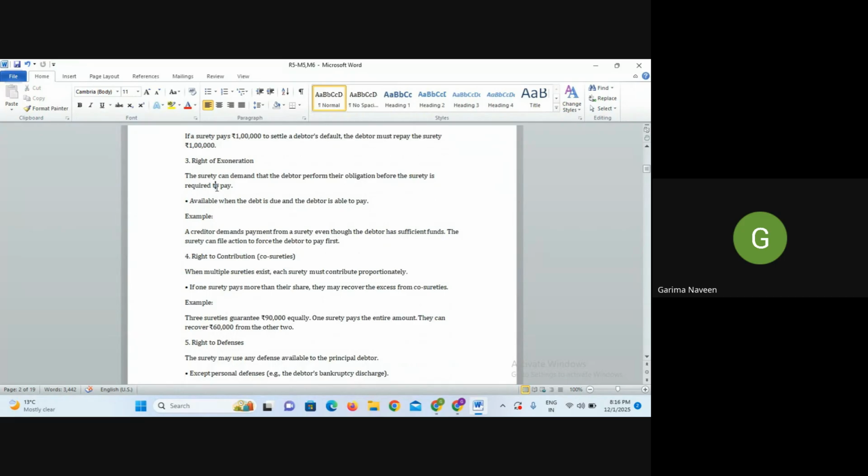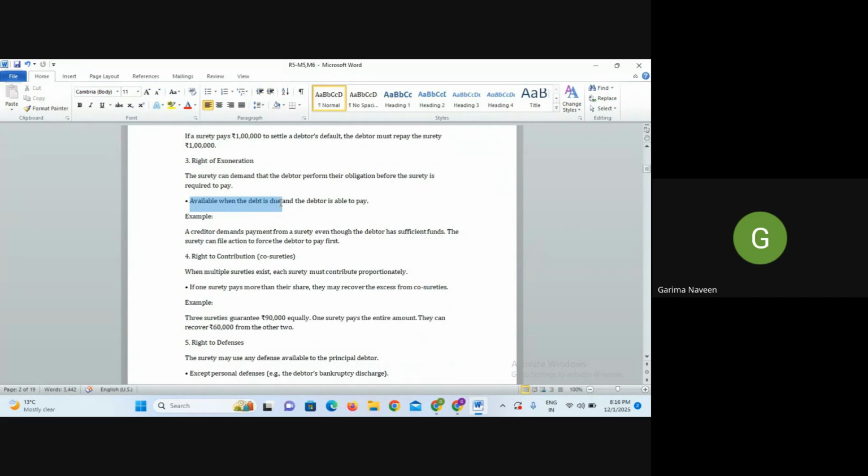So exoneration means the surety can demand the debtor to perform their obligation before the surety is required to pay. So suppose the surety has guaranteed the debt of the debtor, but he has the right that he can ask the debtor to pay his debt before the surety is required to pay.